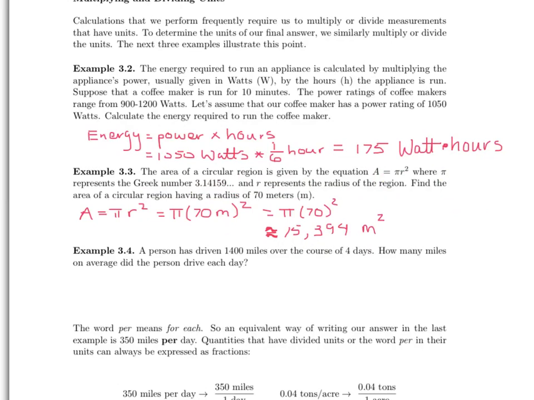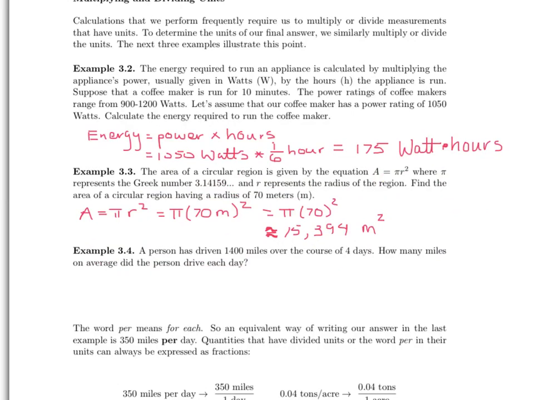Okay, let's go ahead and look at our next example. Let's suppose a person has driven 1,400 miles over the course of 4 days. So how many miles on average did the person drive each day? Well, this would be a division problem.